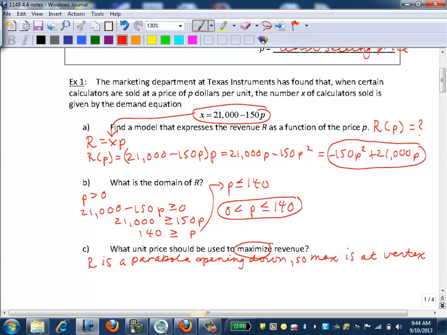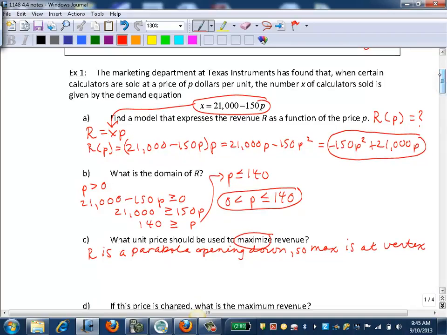We can use our negative b over 2a to find the p-value of the vertex, which would give us the unit price. So just remember here, they want unit price. We're trying to find the p-value. P equals what? So we're going to fill in our negative b over 2a.